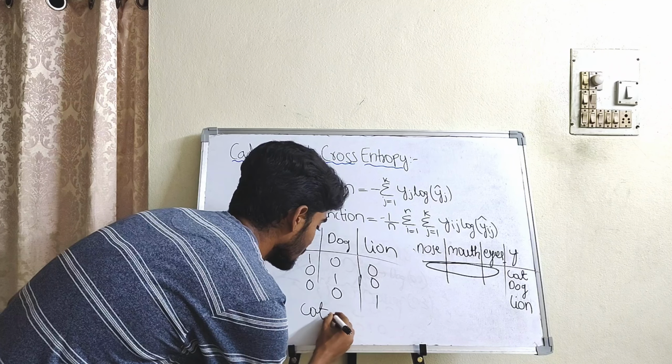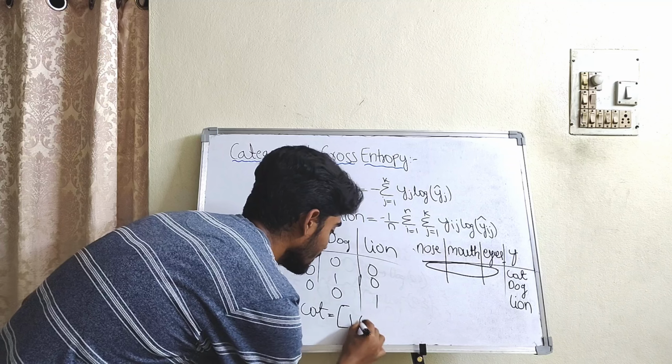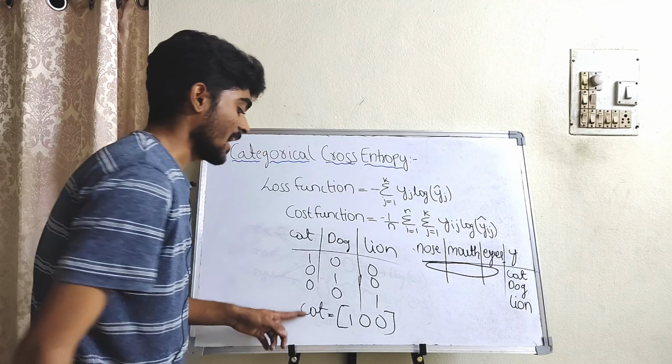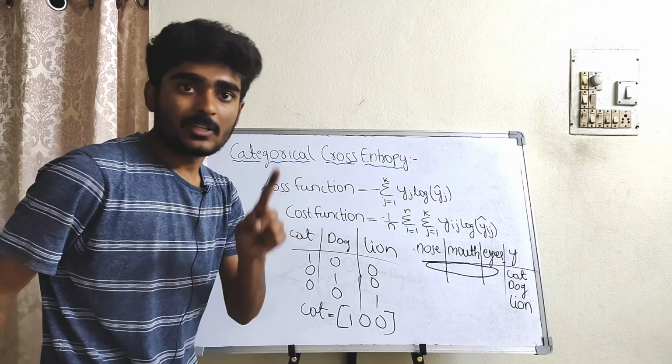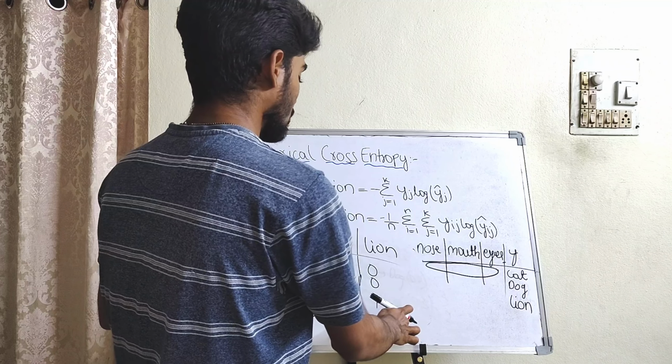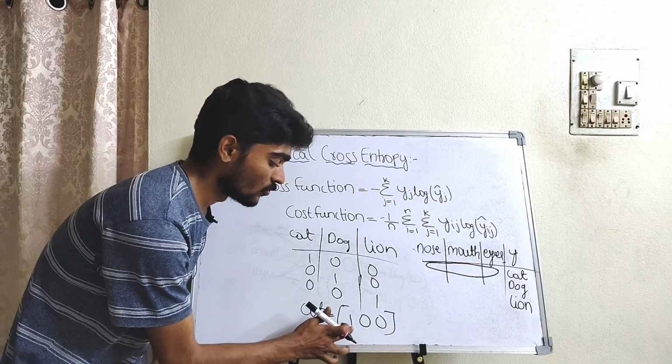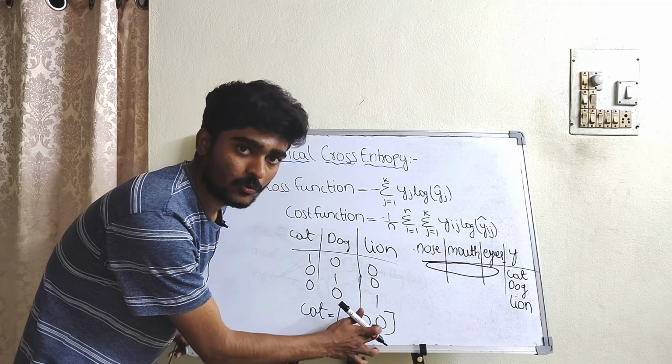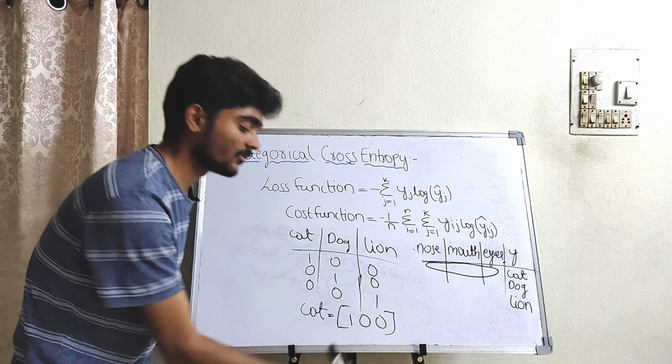Now let's take the cat. Cat is represented by 100. This is the true output: this is y1, this is y2, and this is y3.